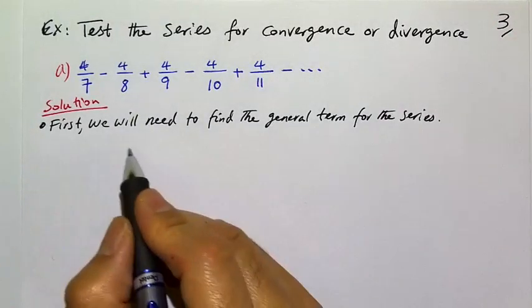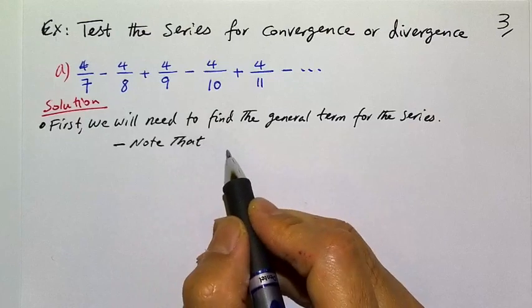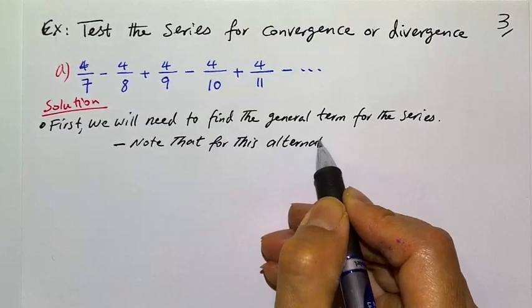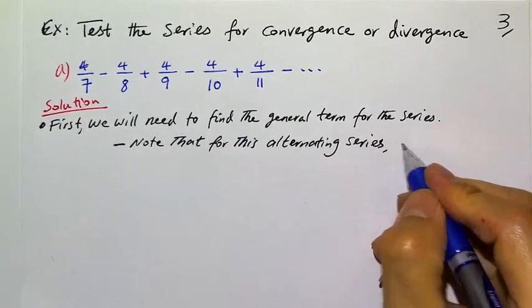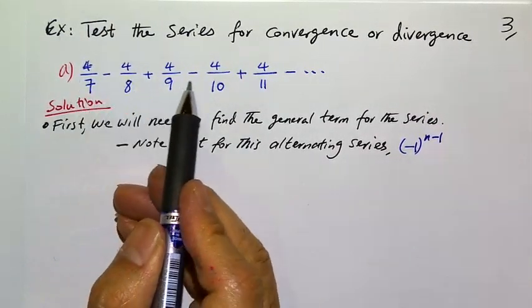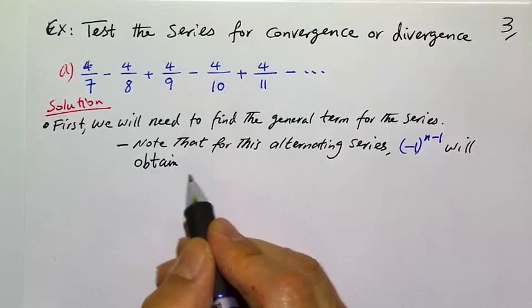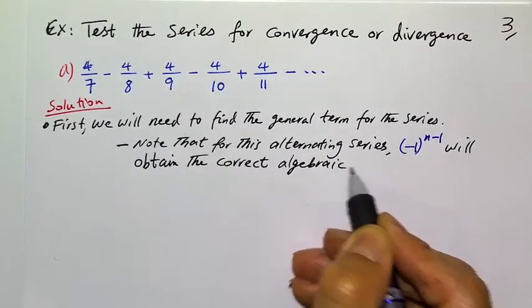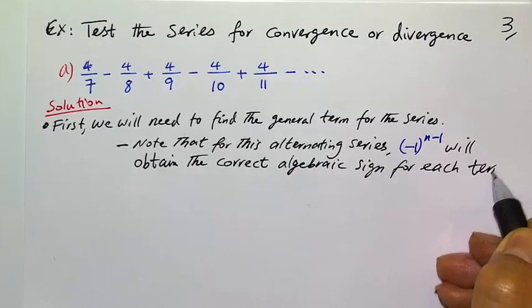Let me write that here. So note that for this alternating series, if we have -1 to n-1, we'll obtain the correct algebraic sign for each term.